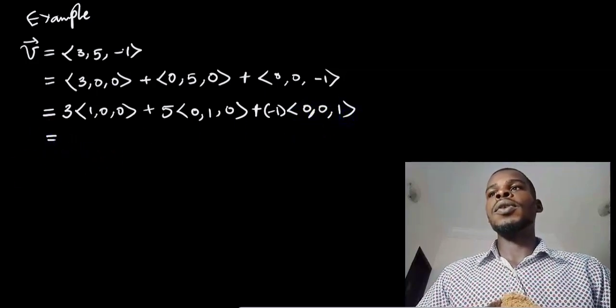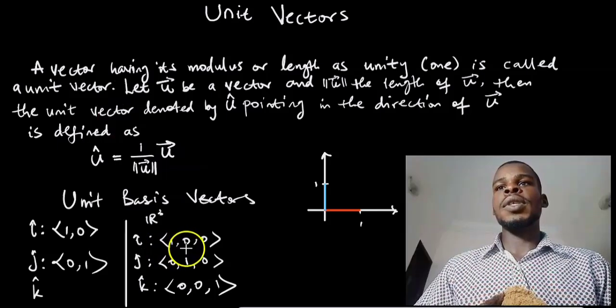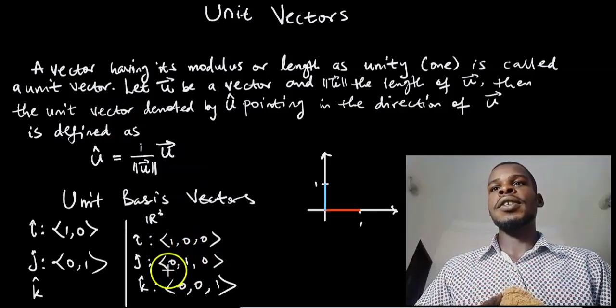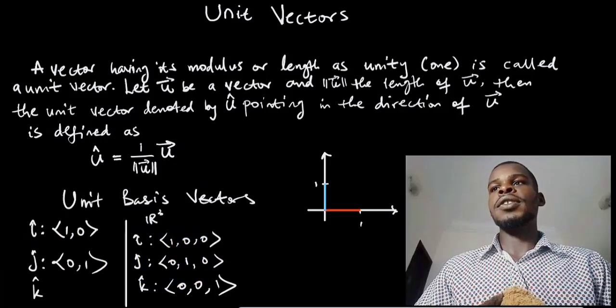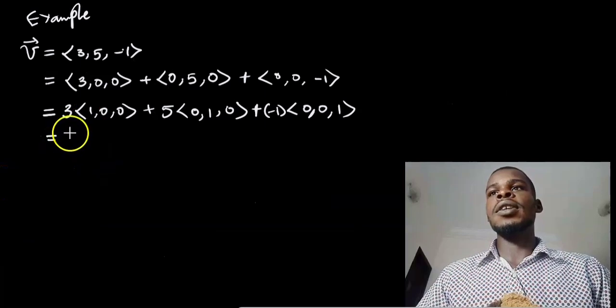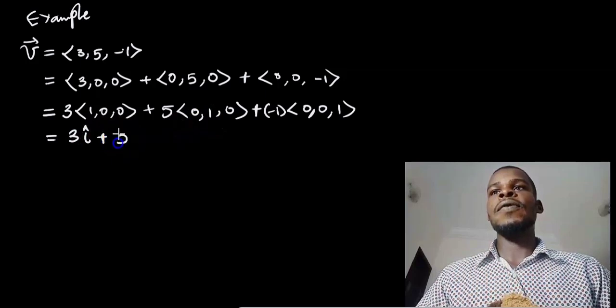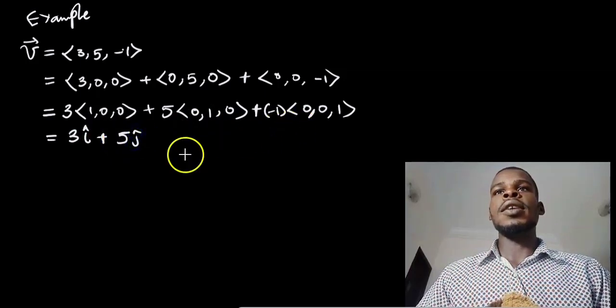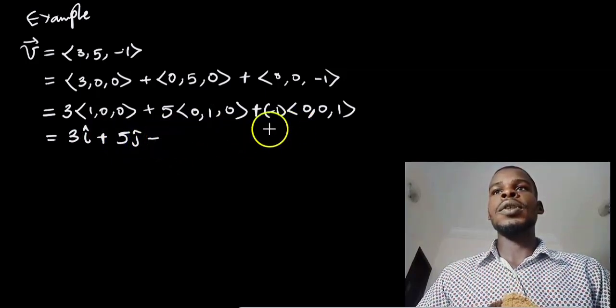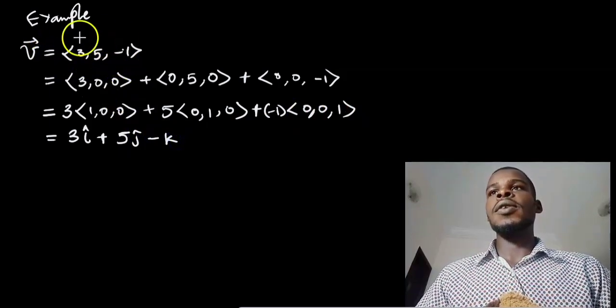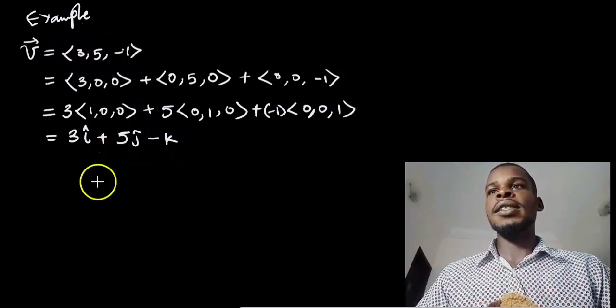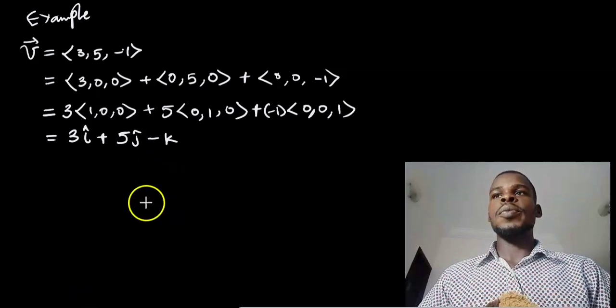But you recall that 1, 0, 0 is a vector pointing in the i hat direction, and then the j hat direction, and then that. So that's the unit vectors. So you can simply just call this 3i plus 5j, and then minus 1, this is k. Good. So that tells us that this vector could be written as that. So that confirms the representation.